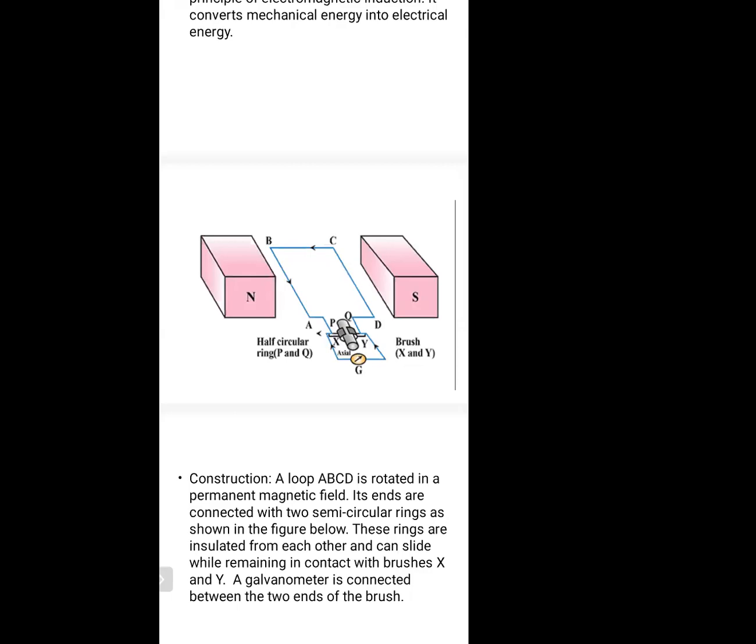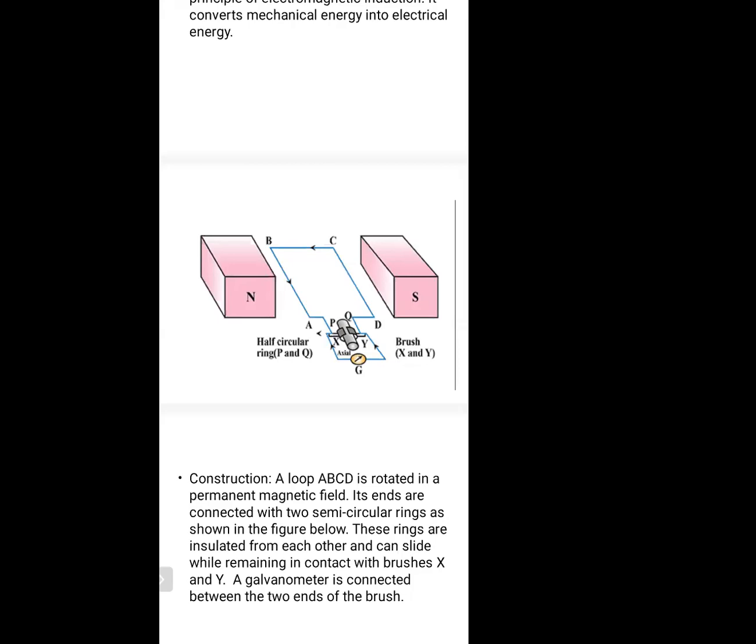Ma'am, because it is producing electric current. Very good. It is producing electric current and we are giving force or mechanical energy. So we rotate the rectangular coil in between the two magnets and produce electric current, and such produced current is called induced current.